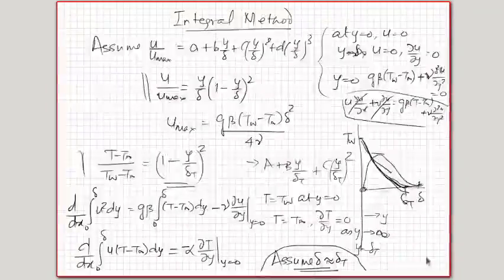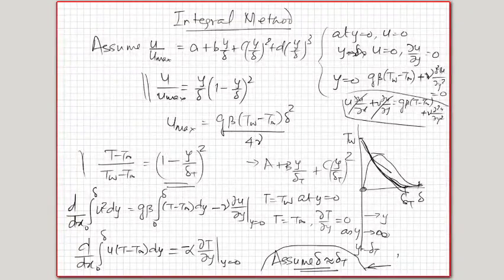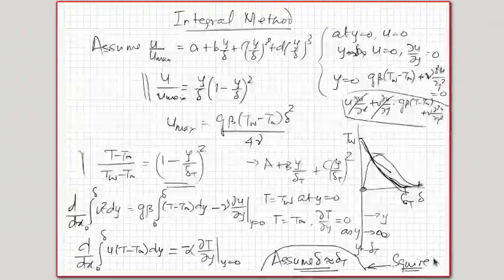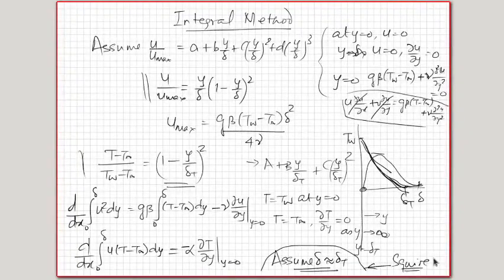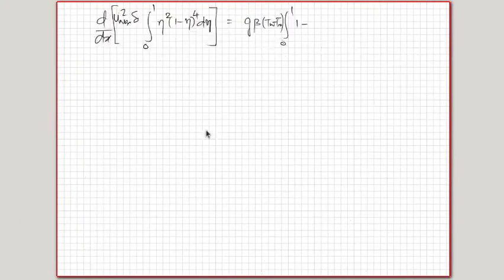So this is the method which was done by Squire, way back in the 1950s. So we'll just use that at the moment. So you'll actually integrate between 0 and 1. So this will also become 1 minus eta the whole square d eta.